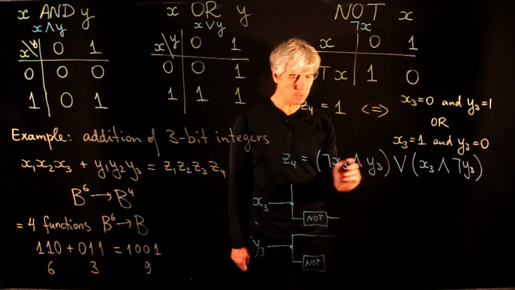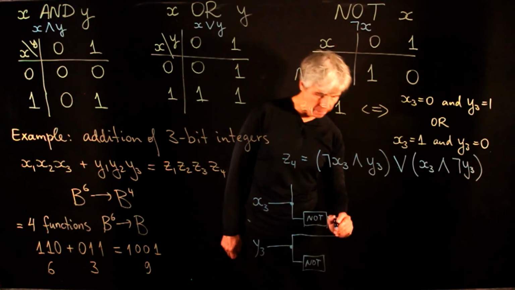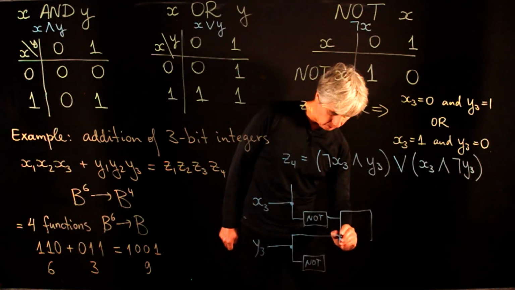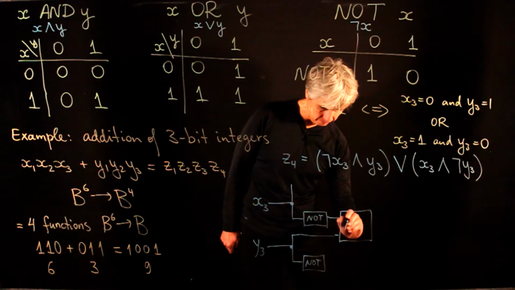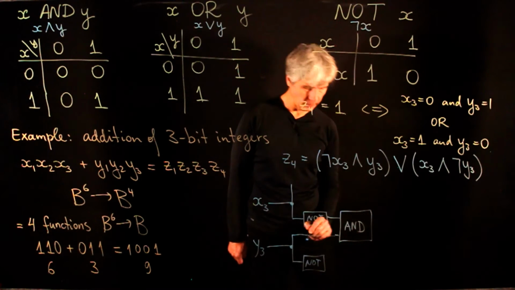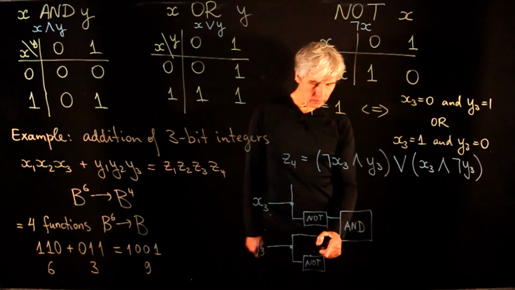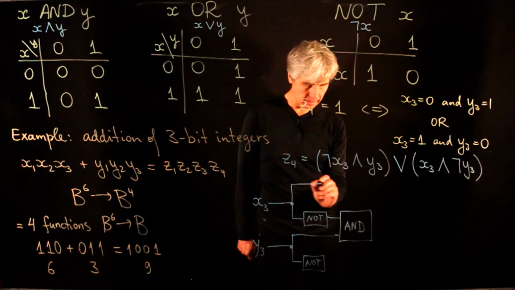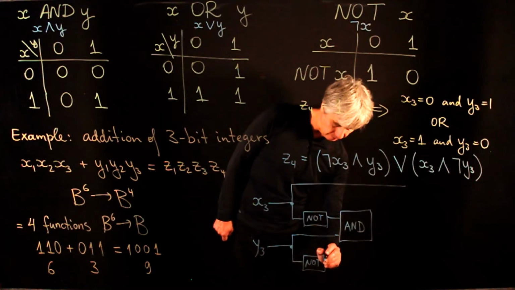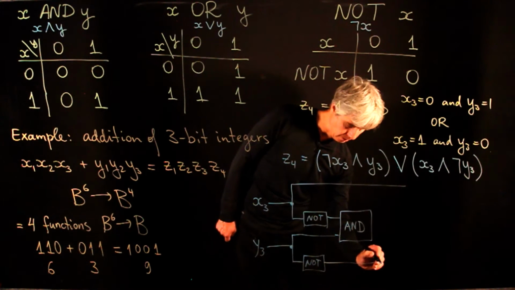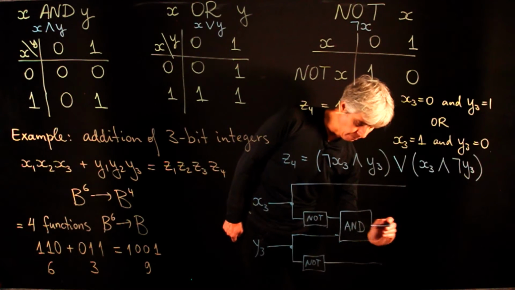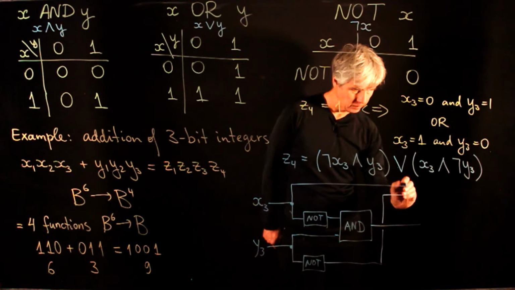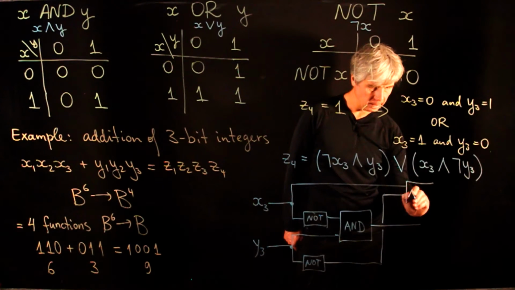And so for this piece, we have NOT x3 and y3. So here we're going to put the AND gate. And also we need to put an AND gate on this another pair. Right, so we have this. And we put another AND gate here.